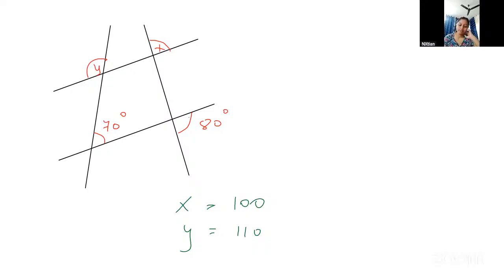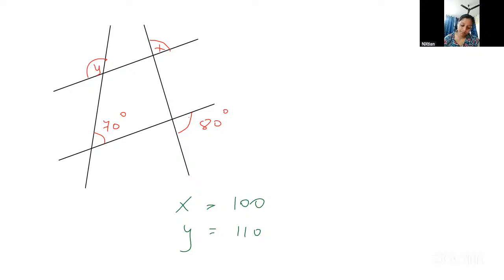Ma'am, first we get alternate angles, and then we know angles on a straight line equal to 180. So we get the angle near to Y is 70. Then next, for 80 degrees and X, we get corresponding angles and angles on the straight line equal to 180.